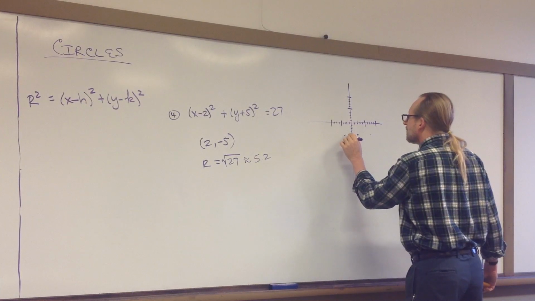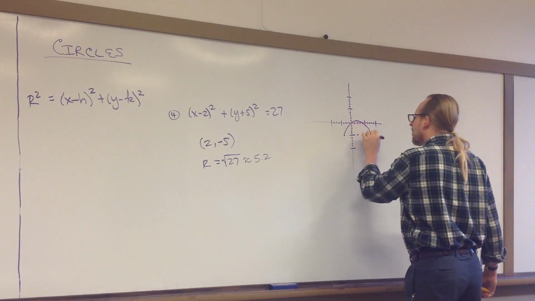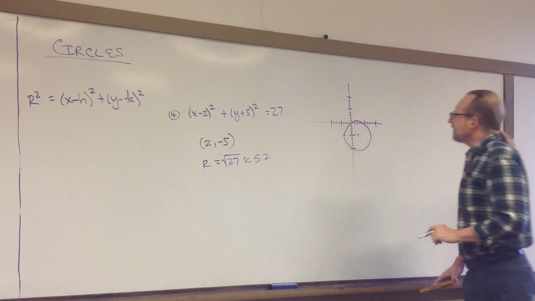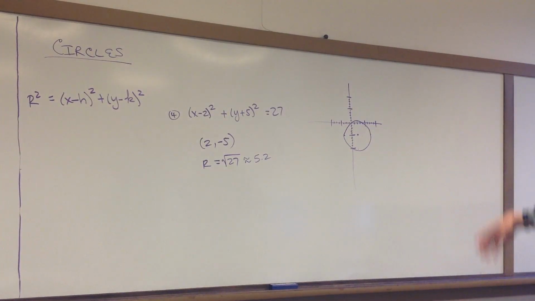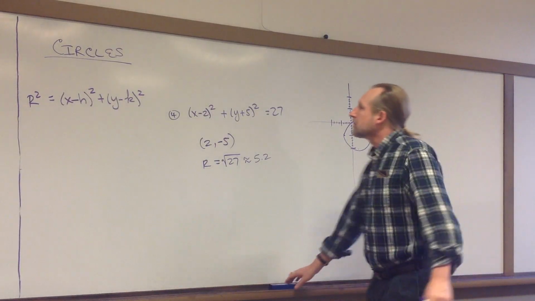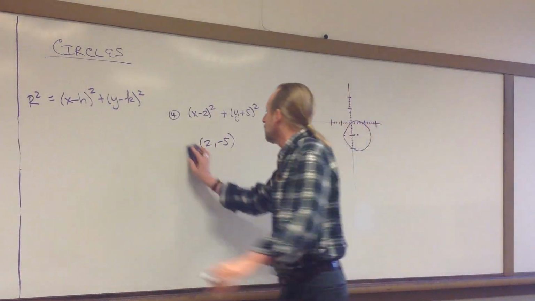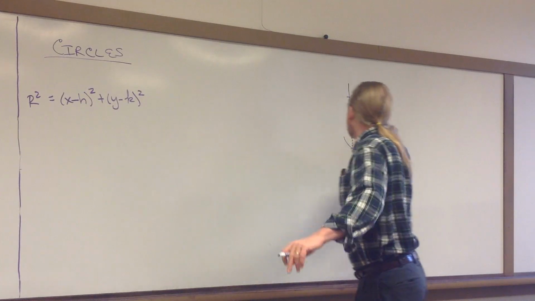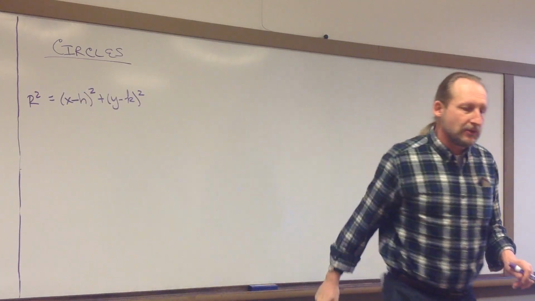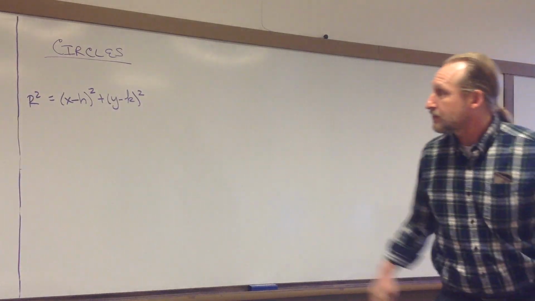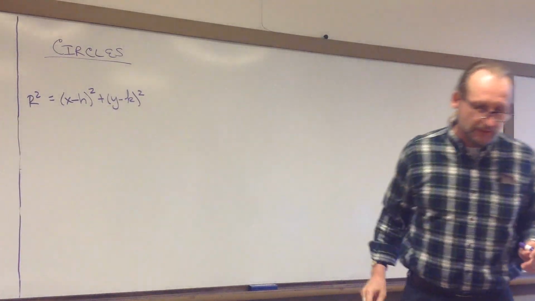So it's going to look a little bit like that. Well, I'm happier with that circle. It's still not great, but what we really need is a good grid to sketch these graphs on. Okay? And so I encourage you to get some graph paper. I've got printable graph paper that you can download and print out, and I'll try to remember to post that with this assignment.